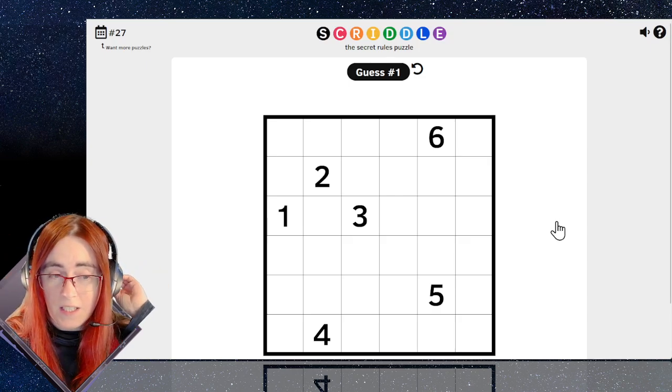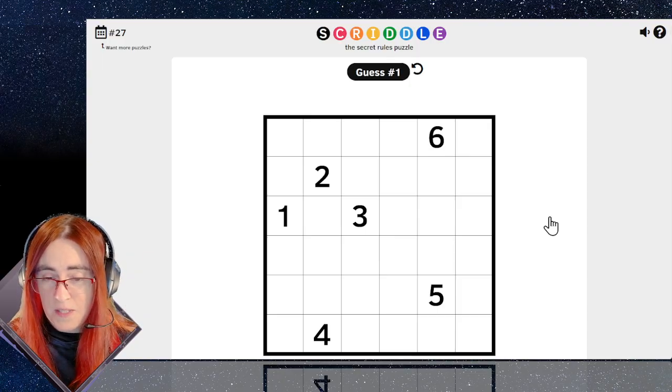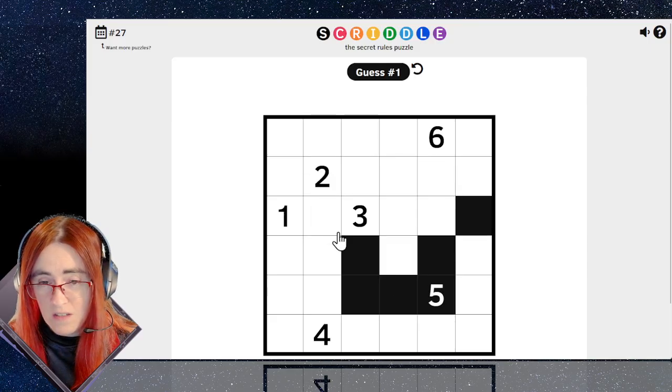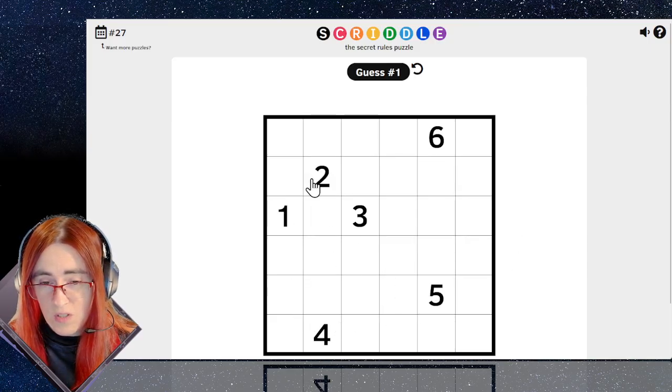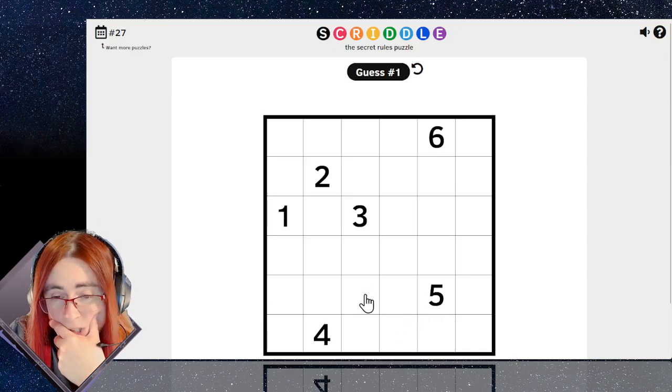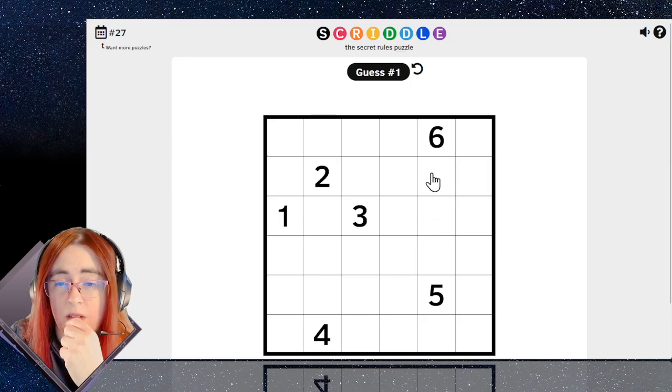Right, having a look today, we see a 6x6 grid. The numbers 1 through 6 all appear in it once each. We can toggle any cell. What kinds of things might we have here?